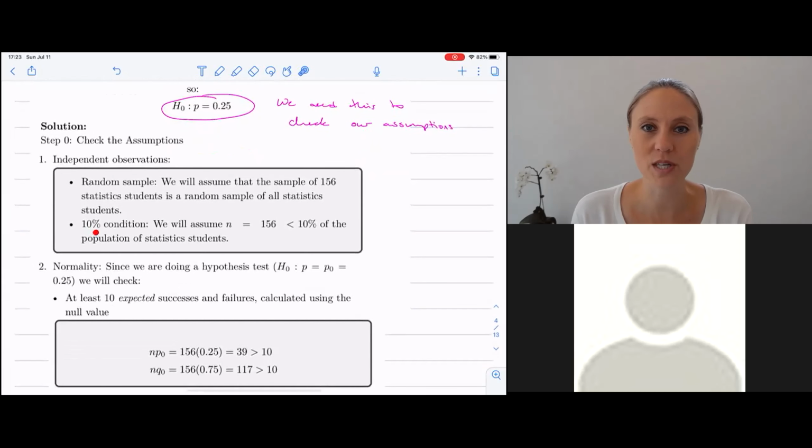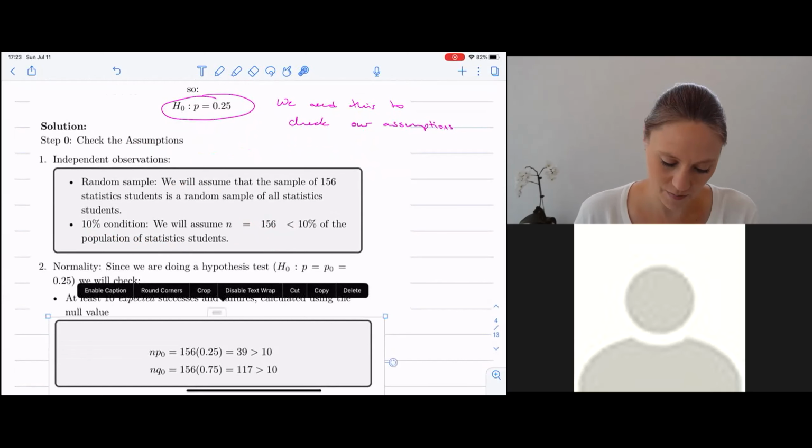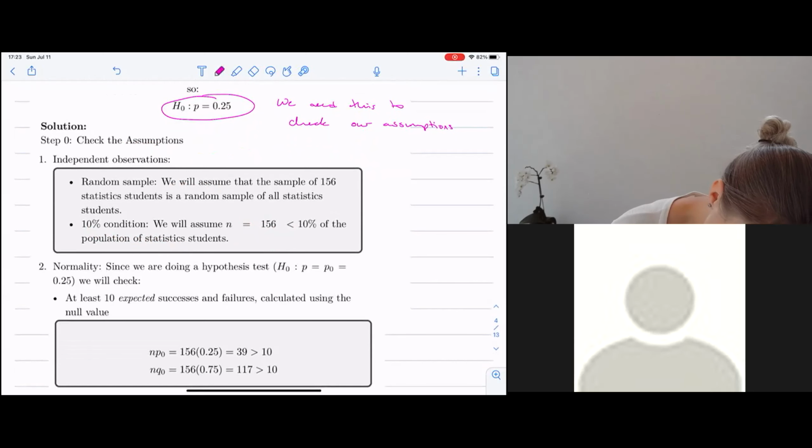The 10% condition, right? We will assume that a sample size of 156 students is less than 10% of the population of statistics students. We will assume, because we're checking, or sometimes just stating, the assumptions.